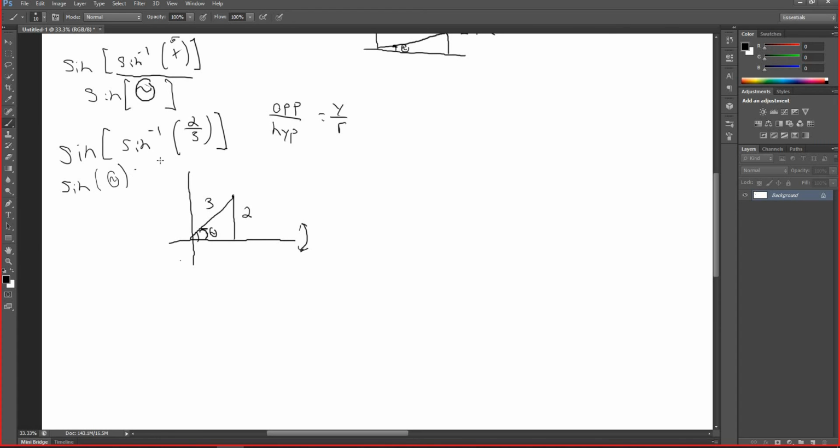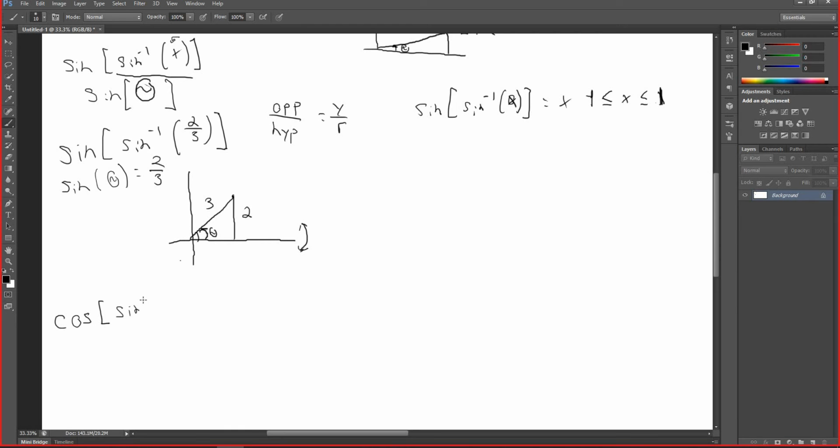This is actually a concept that we saw yesterday as well, where we knew that sine of sine inverse of x is equal to x if x is in the domain of sine inverse, so between -1 and 1. So this one was just using our property.